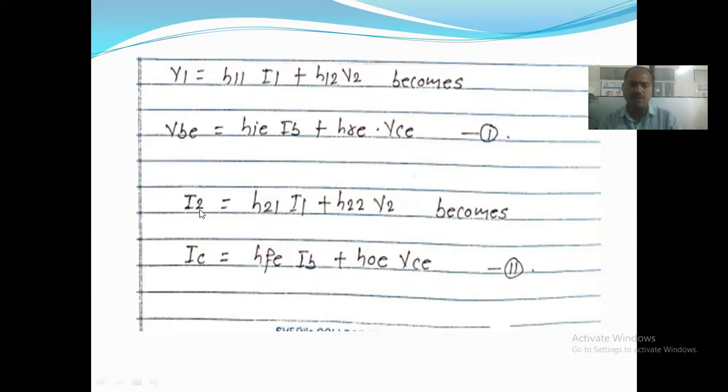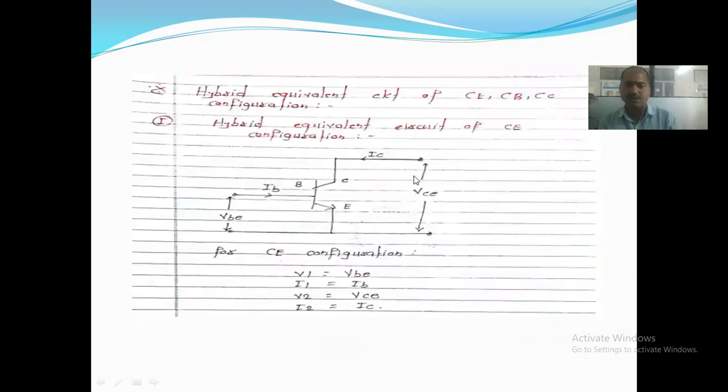For I2: I2 is nothing but H21 I1 plus H22 V2, right? For that equation we again do the same thing, putting in the particular values. Tell me which is the I2 here.